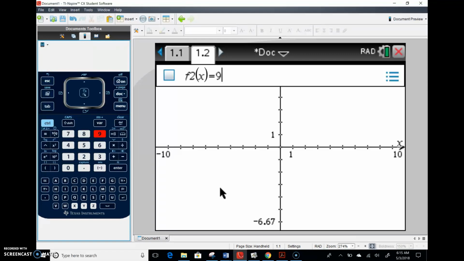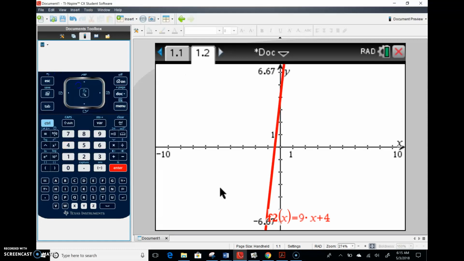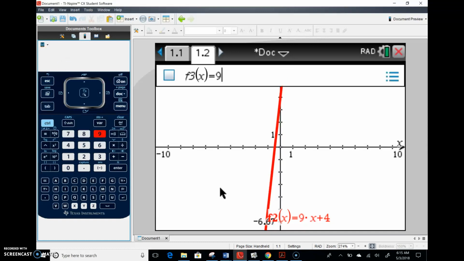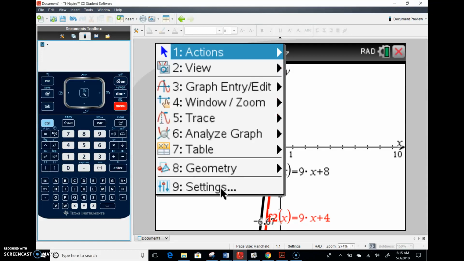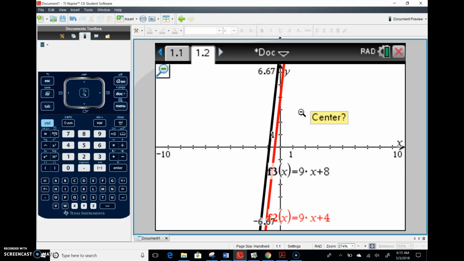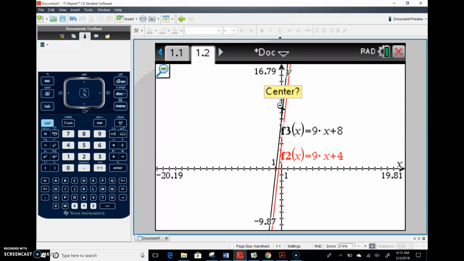Let me see the equation again. 9x plus 4, enter. Tab. 9x plus 8, enter. You see those two lines? They look like they're right next to each other. Menu, window, zoom out.